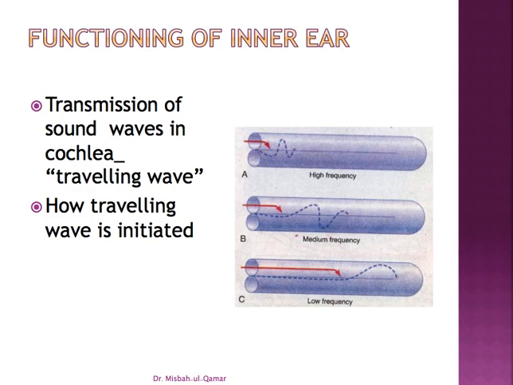Now the question is how this traveling wave is initiated. The initial effect of sound wave entering at the oval window is to cause the basilar membrane at the base to bend in the direction of the round window, as a result of which an elastic tension is built up in the basilar fibers because they bend toward the round window.